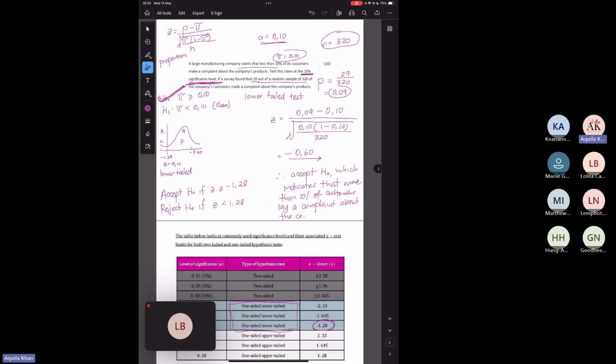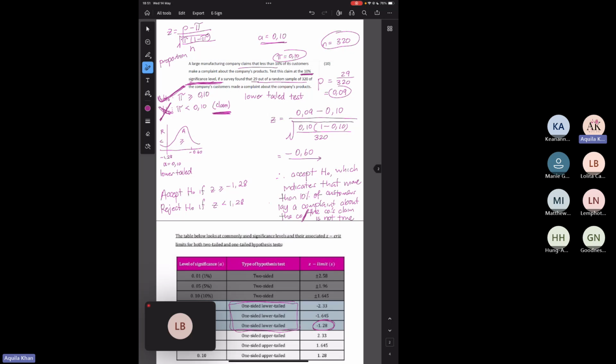Or if you want to, you can also say that, remember, the claim was in the alternate hypothesis. Here's the claim here. And if you're accepting the null, then you're basically rejecting the alternate, which means that you are saying that the claim that this company is making is not true, or that it's false. So I'm going to put in a slash here, and say that what you could also say is that it indicates that the company's claim is false or it's not true.